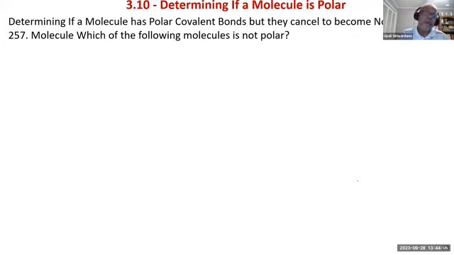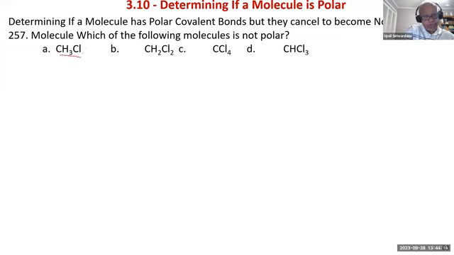Which of the following molecules is not polar? This is called chloromethane. This is called dichloromethane, carbon tetrachloride. This is called chloroform.